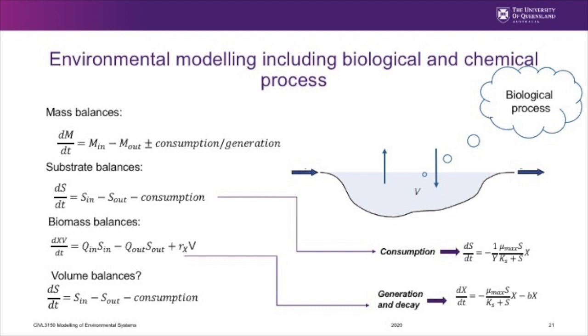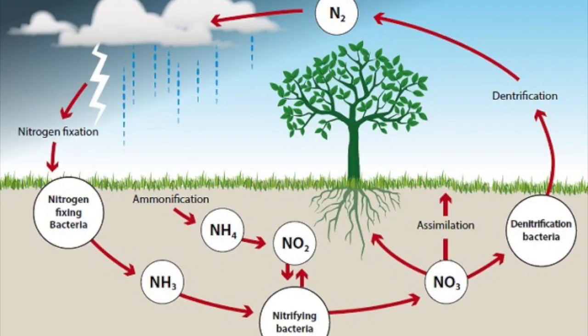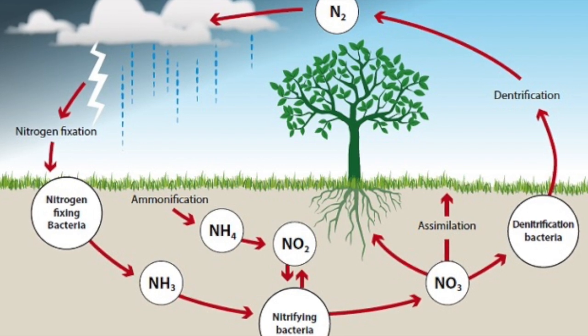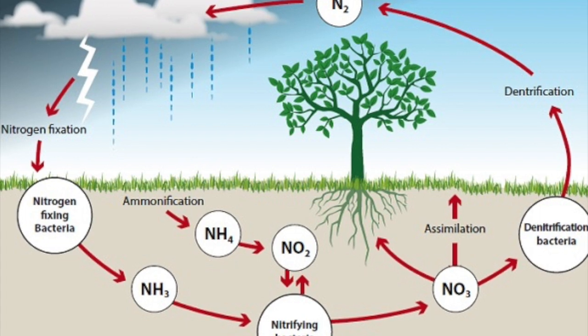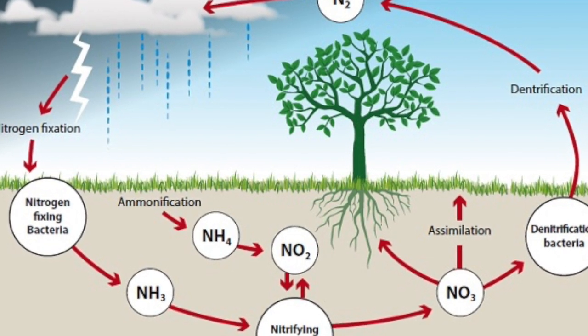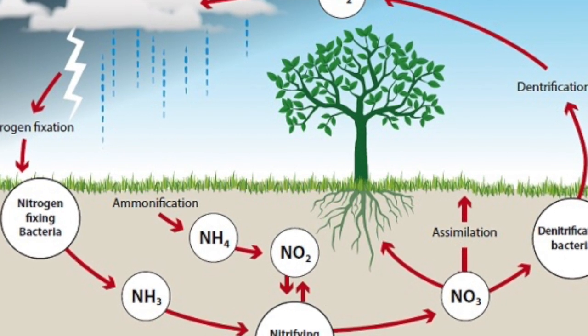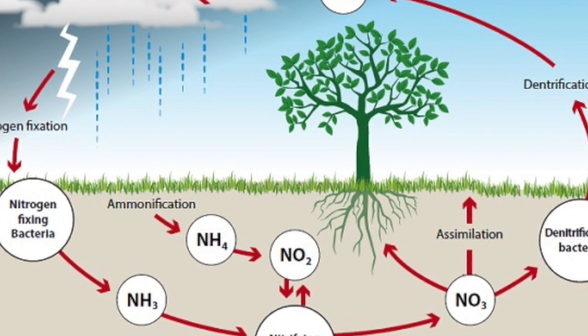If I'm talking about nitrogen in general, we can only have mass in and out. So better to think about one component, which can be nitrate or ammonium, for instance. Those can also be consumed or generated, because they are subject to transformations, right?